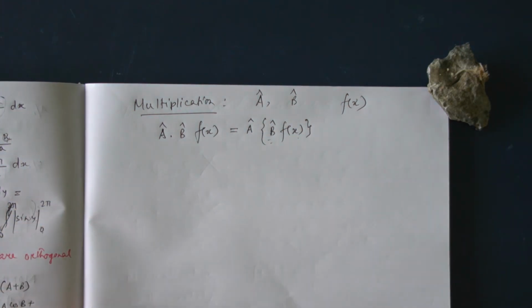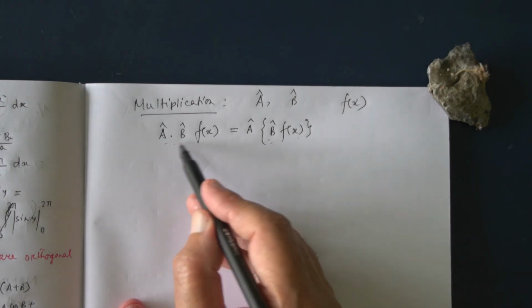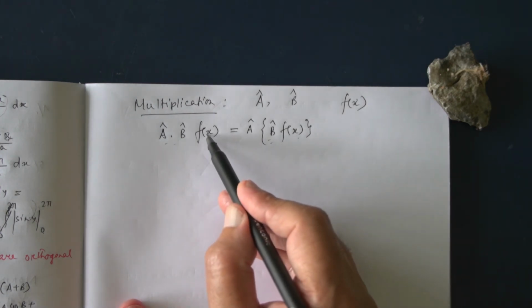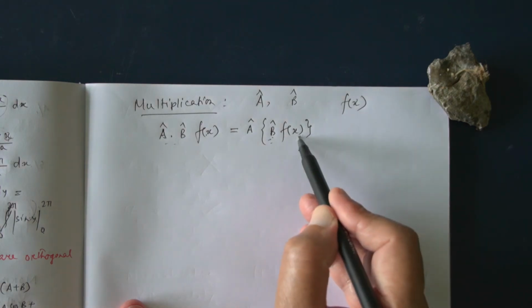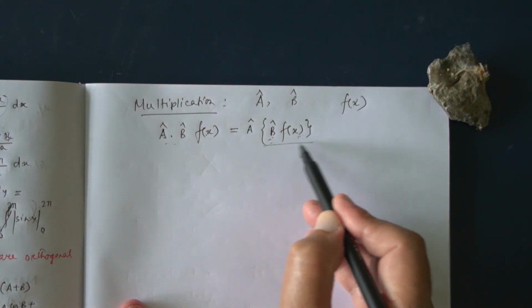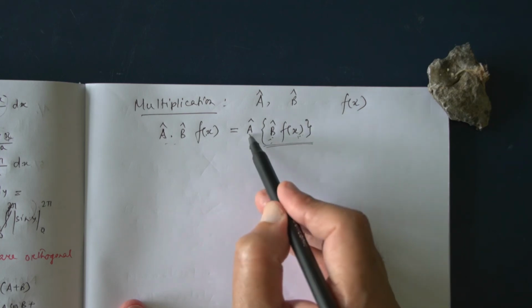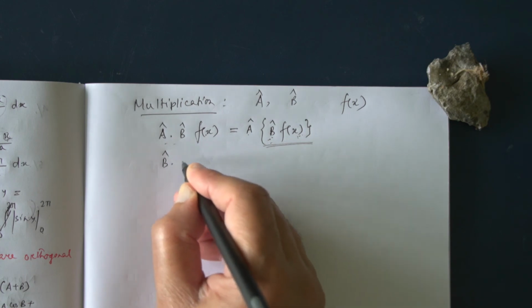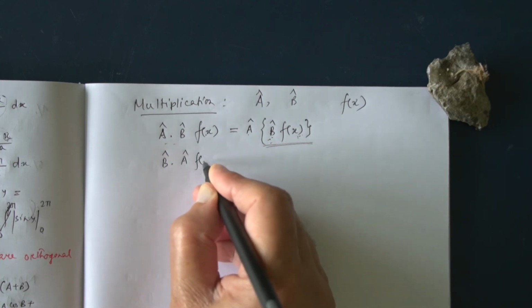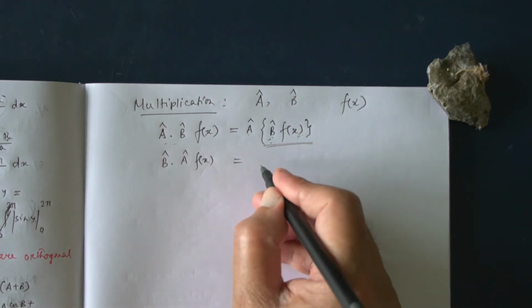Okay? What does it mean? We operate the function by B first, then whatever result we get, that is operated upon by A. Now if we write like this, what does it mean?